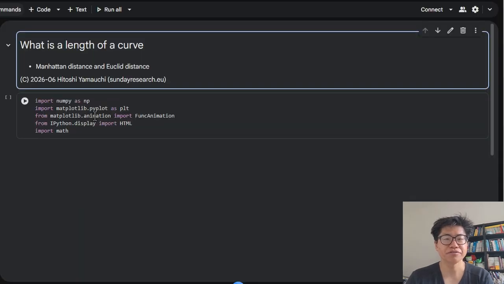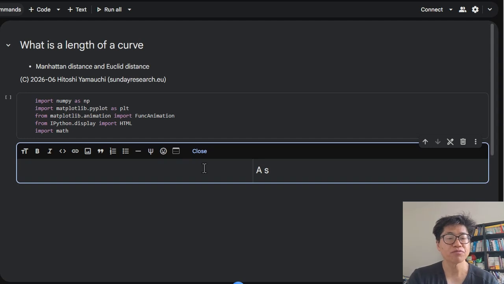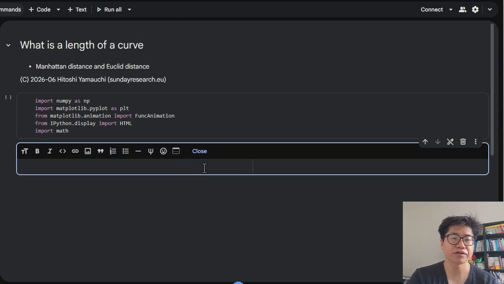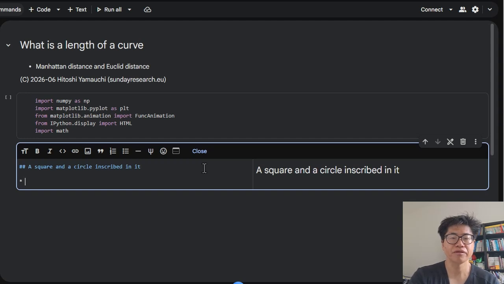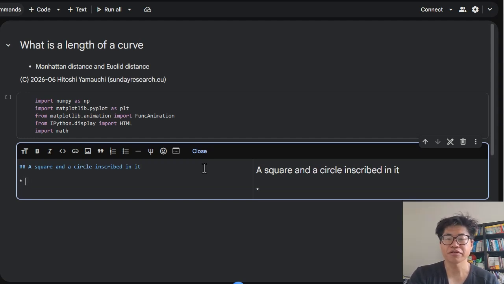So here is a library. I would like to use matplotlib. So step 1 is about the square and the circle. First, I need a circle equation of radius 1.